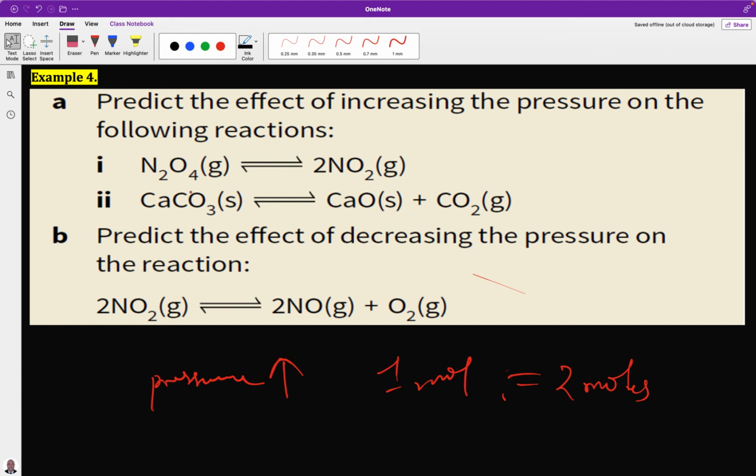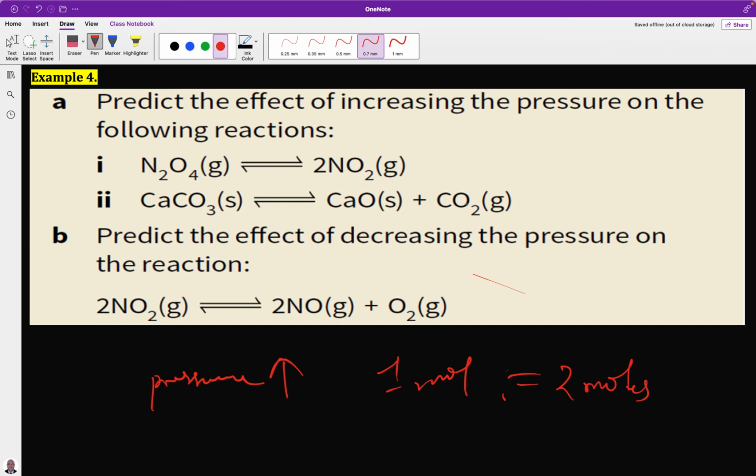Once more, when the gas pressure is increased, there is more frequent collision between the gaseous particles. So to decrease the gas pressure, the gaseous particles move to the direction of fewer gaseous molecules.